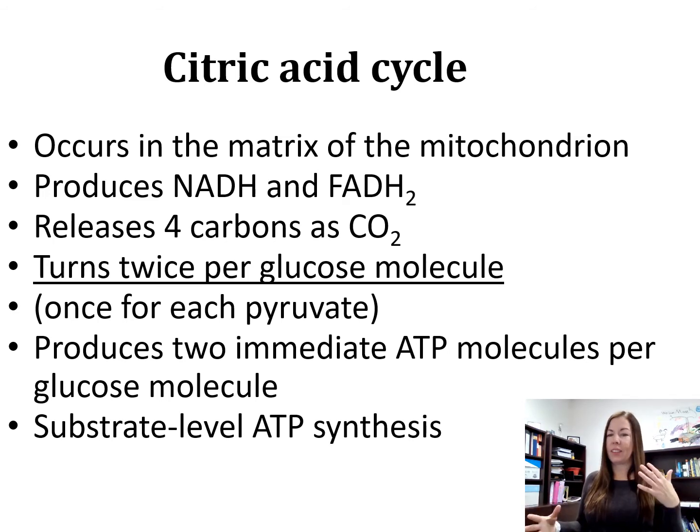So do your ATP math. I like to think of it as ATP math for cell respiration. So step 1, we made 2 ATP, and step 2, we didn't make any ATP, and step 3, we made 2 ATP. So 3 steps have gone by, and we've only really made 4 ATP molecules total.